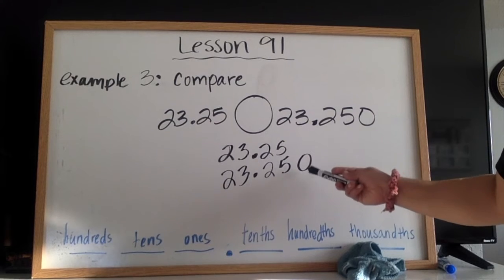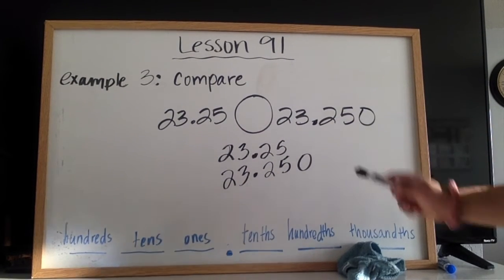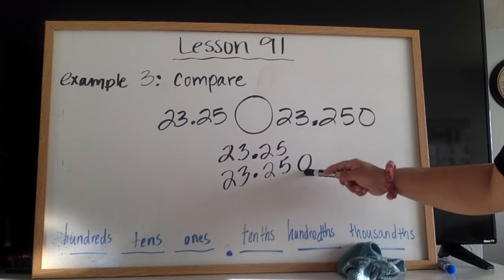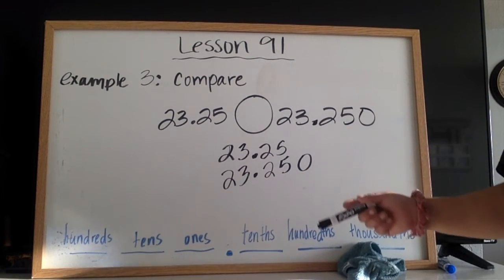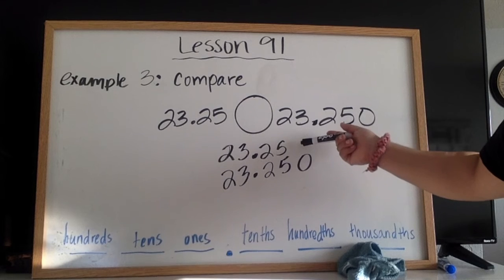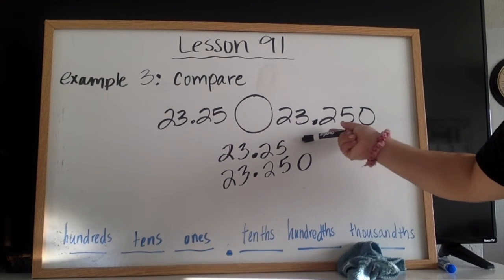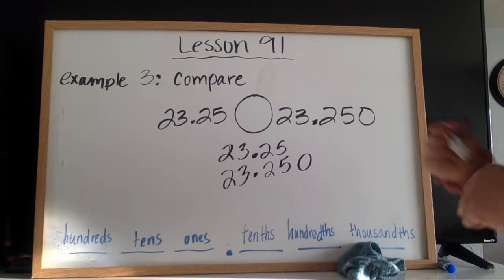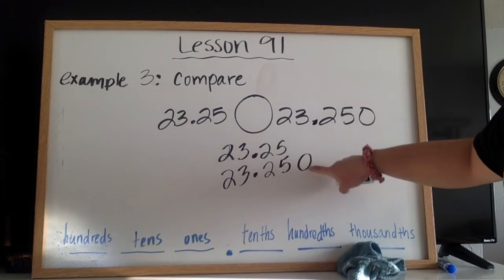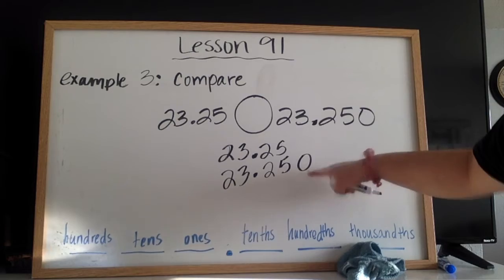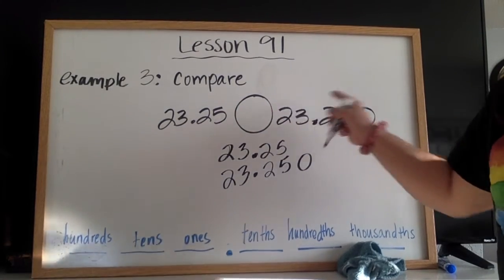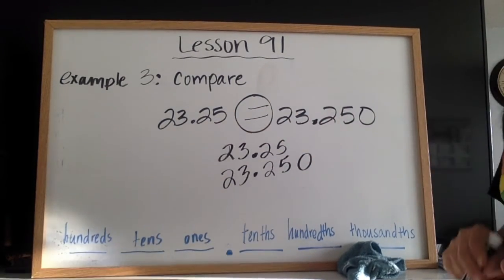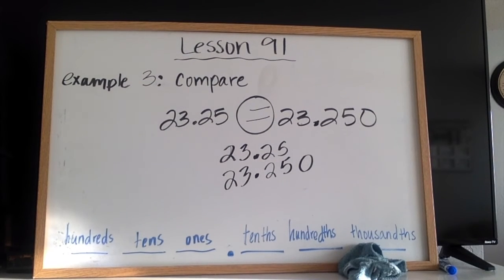And the only thing different, like in the last problem, is that one of these numbers had a 0 in the thousandths place. That means that there's nothing in the thousandths place. That would be the same as this number up here where they didn't even hold the place with a 0. So having nothing here or putting a 0 means there's still nothing there. So these two numbers are actually equal to each other.